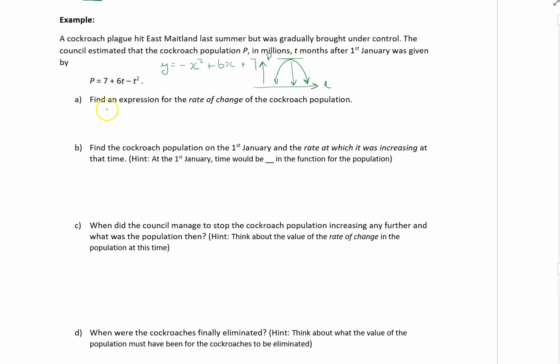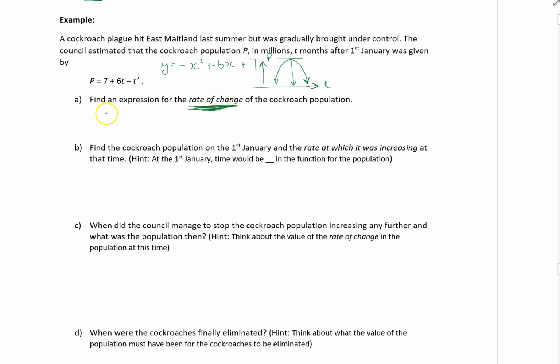Okay, let's have a look at the question. Find an expression for the rate of change in the cockroach population. The rate of change, there's your keywords, rate of change. You have to become really confident with making the connection between those words and the first derivative.